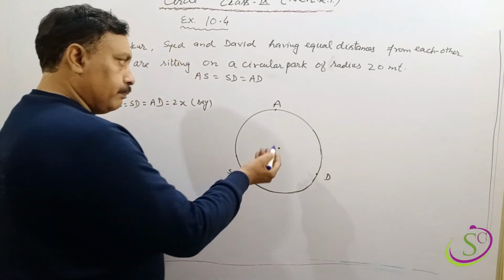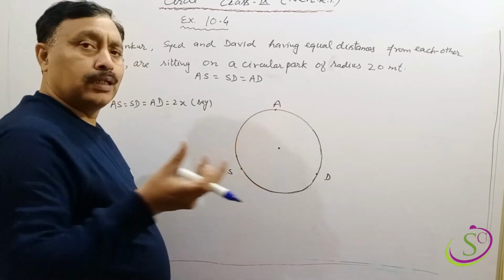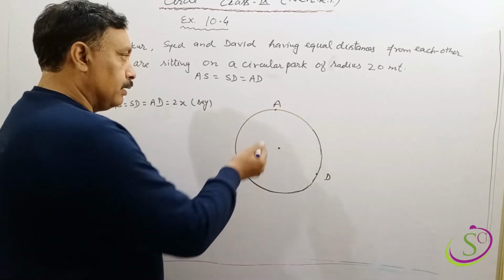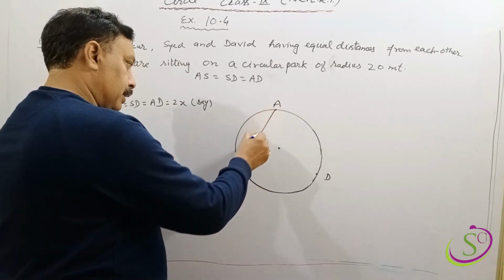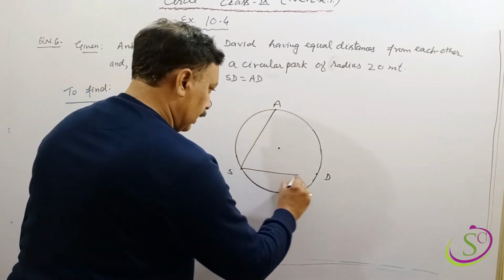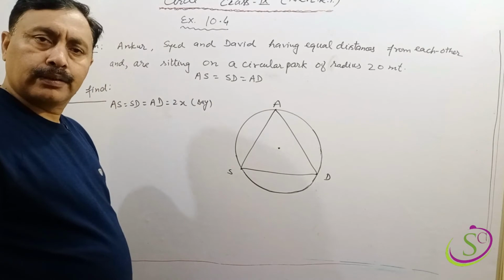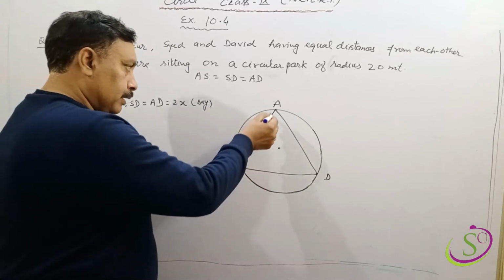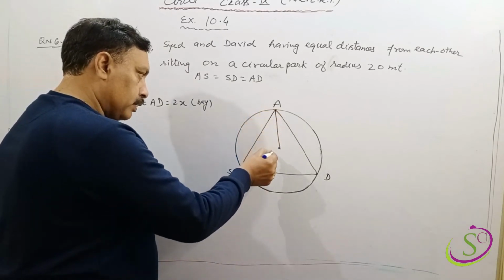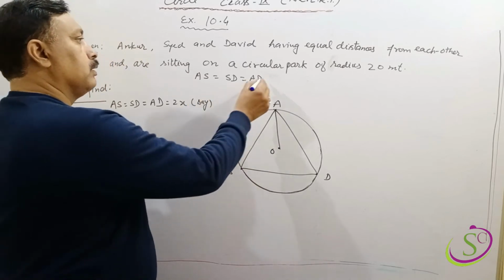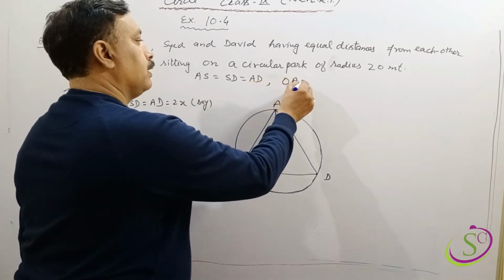These three are playing with a telephonic toy, and one string is AS, one is SD and one is AD. Clear? And the radius of this, means OA, is 20 meter.